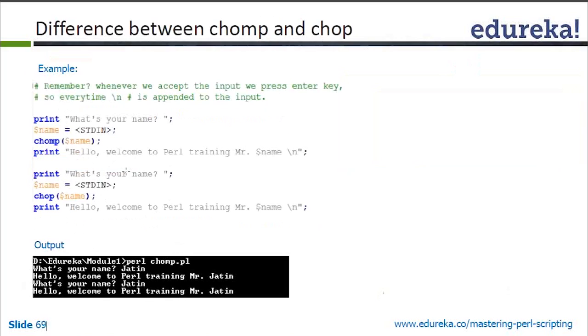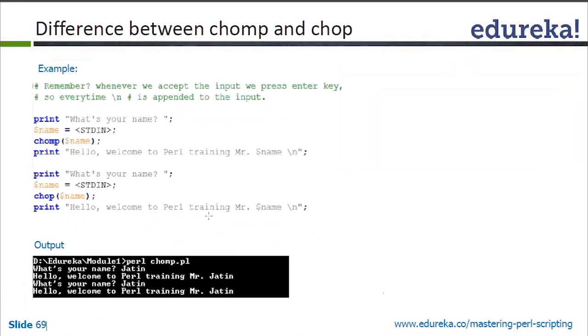And second is, "What's your name?" chop name. "Hello, what is your name?" We'll see the output below. When we run perl chomp.pl, it asks "What's your name?" Say you entered the value as Jatin. So, "Hello, welcome to Perl training Mr. Jatin." Again, here you see it will just give Jatin, and here "Hello, welcome to Perl training Mr. Jatin."